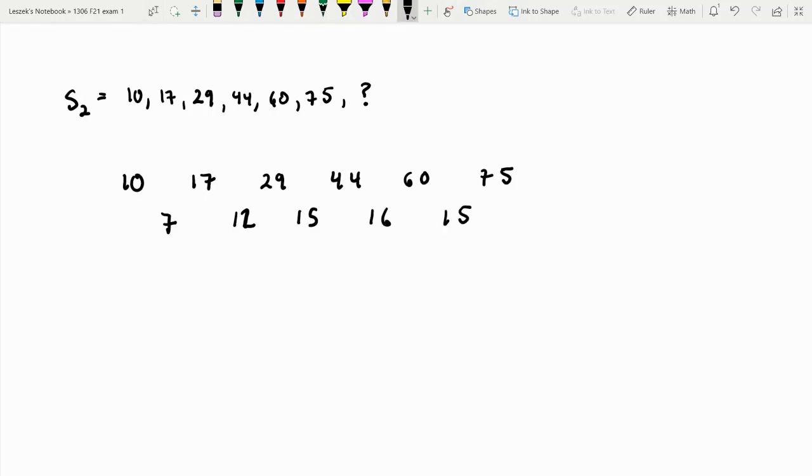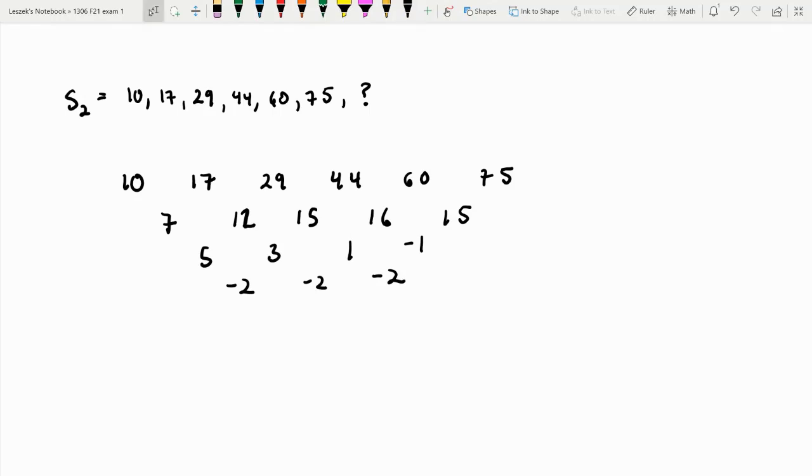Okay, then you keep taking differences, so 12 minus 7, 15 minus 12, and so on. 15 minus 16, you get negative 1. Okay, so now finally 3 minus 5, 1 minus 3, and negative 1 minus 1.